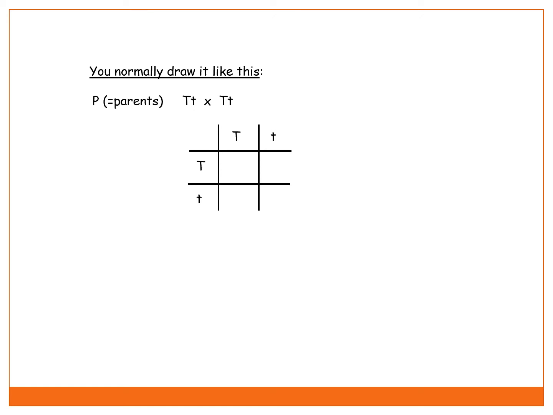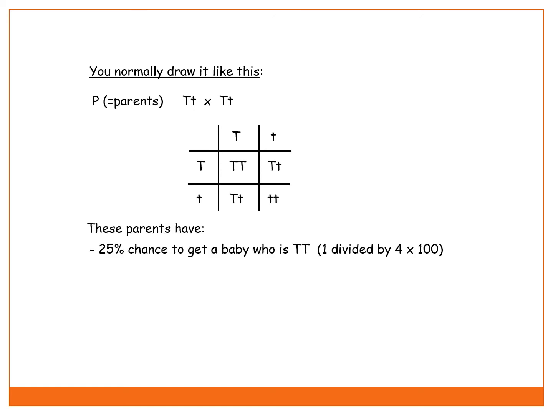So normally you draw it like this, and these parents will then have a 25% chance of getting a baby who is capital T capital T, and you get that by doing a quarter of 100 like I showed you before. And then there's a 50% chance of getting a baby with capital T small t because there are 2 of them.